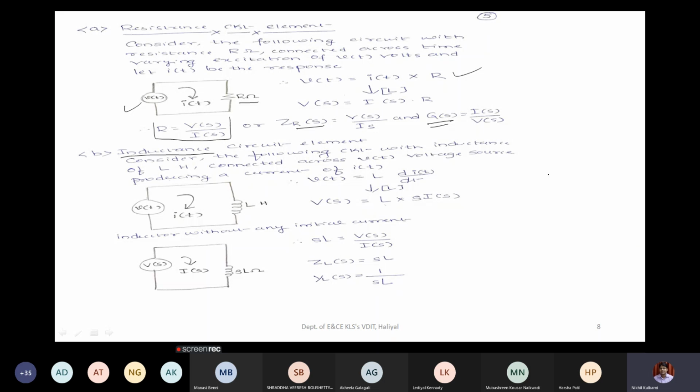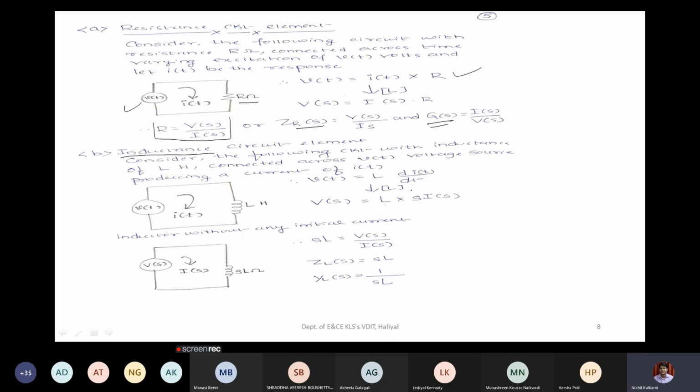So you can consider two cases: an inductor with zero initial current and an inductor with some initial current. As usual, without any initial current, V of t can be defined in terms of inductor current as L into di by dt.